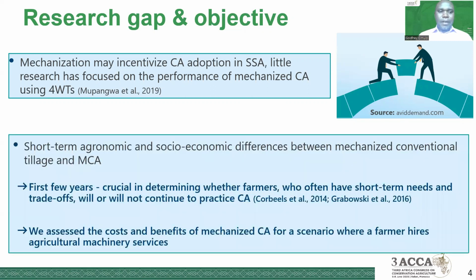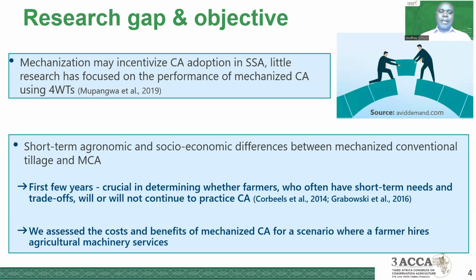And the aim of our study was to investigate the short-term agronomic and socioeconomic differences between mechanized conventional tillage, in this case, disc-harrowing, and mechanized conservation agriculture.